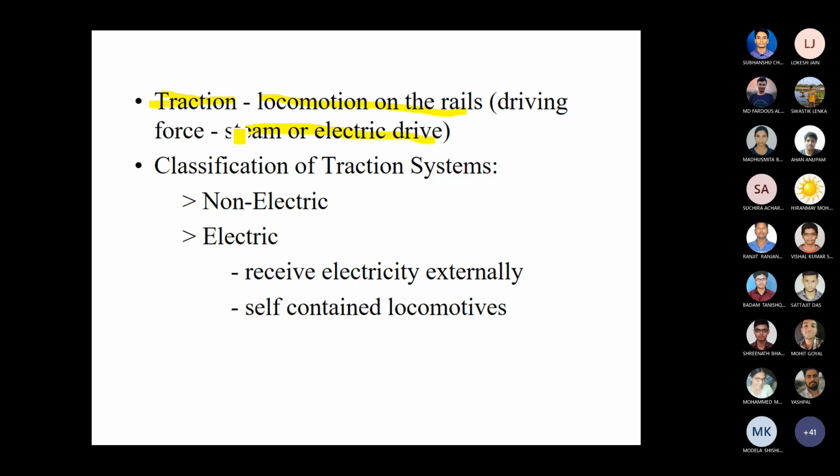If you use diesel, the same thing happens: you give the fuel, diesel is a fuel, then combustion of that fuel, whatever the conversions, chemical energy to mechanical energy, or mechanical energy to electrical energy.